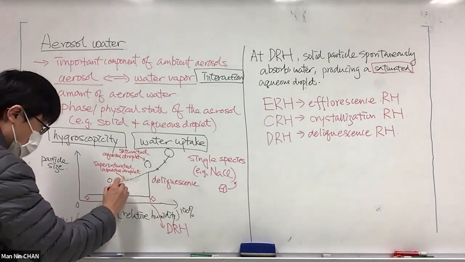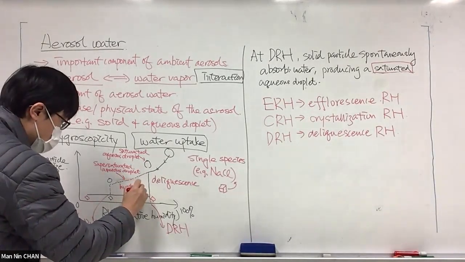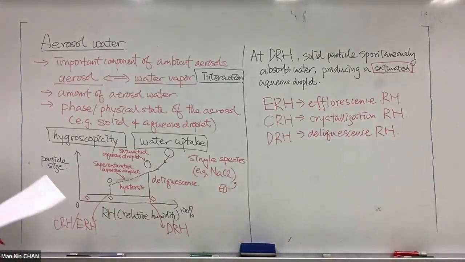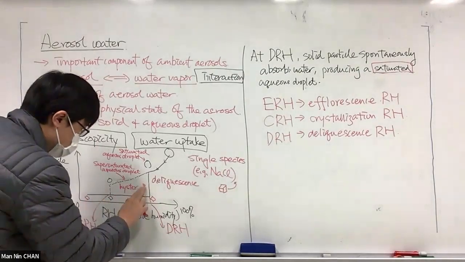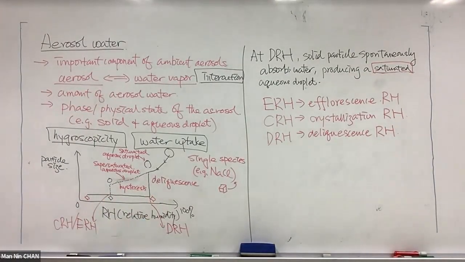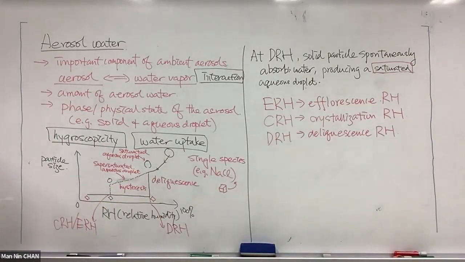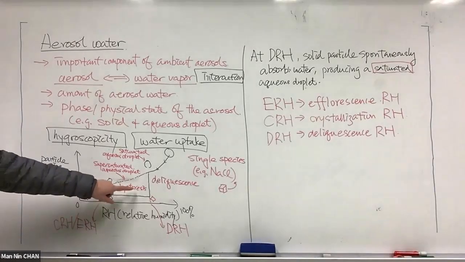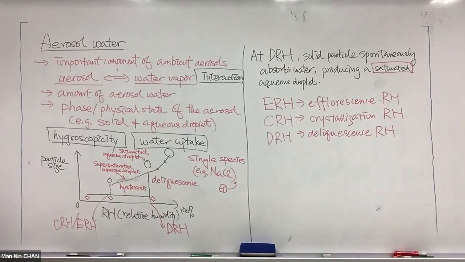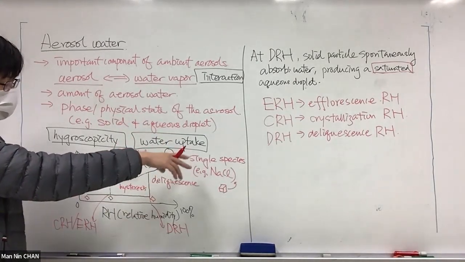I think you've also heard this from some of your physical chemistry classes. Because you will not always follow the same lines, we see this hysteresis phenomenon here. But this is like a typical cycle of a single species aerosol.